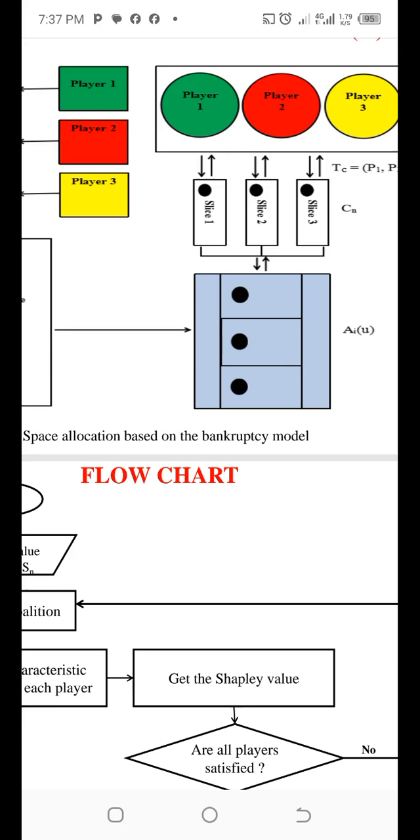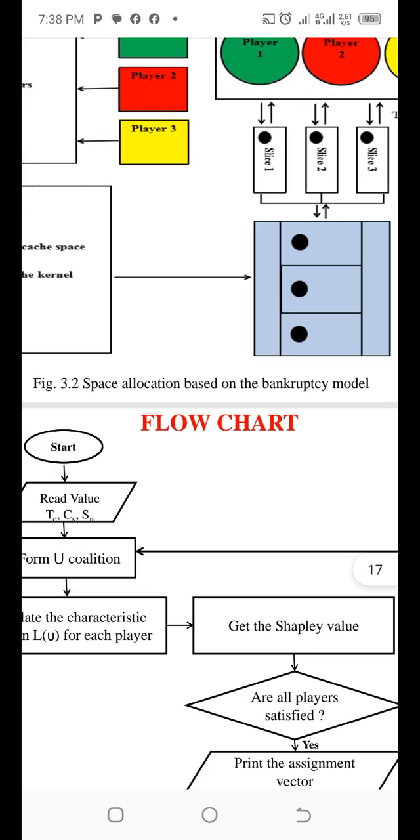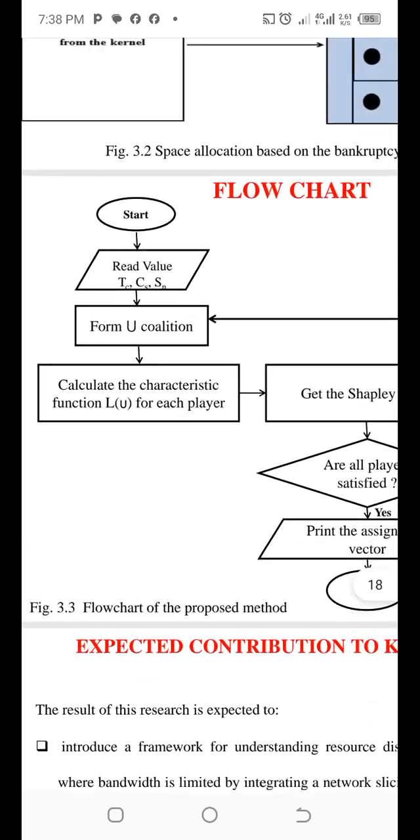This machine can be a router, radio, or managed switch, and this is where the required space is going to be allocated to each of the players according to their need. If all the players are satisfied, then each of them is going to receive the required services. If they are not satisfied, then the processor has to process it again, and after they are satisfied, the process will stop.